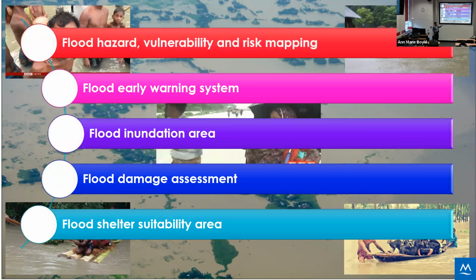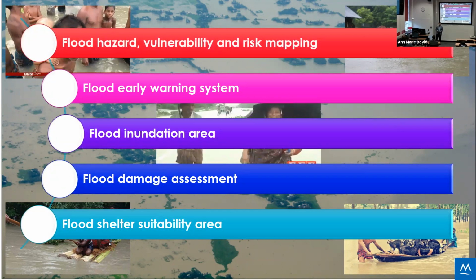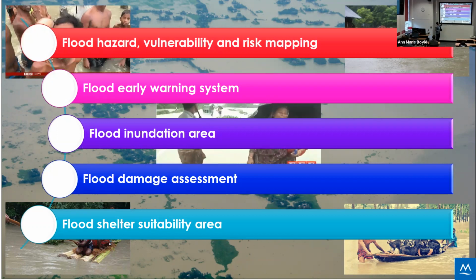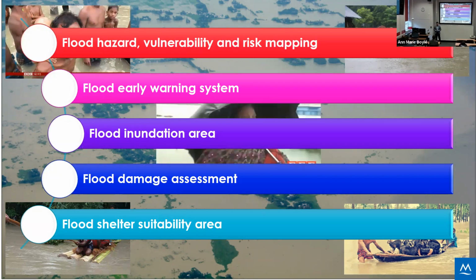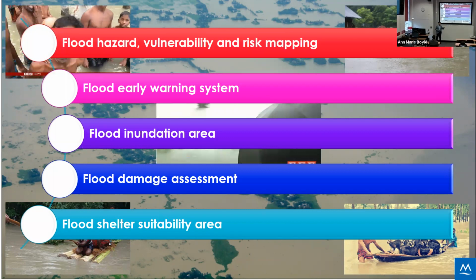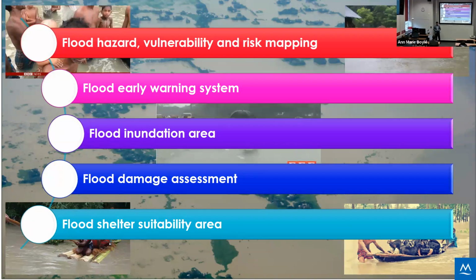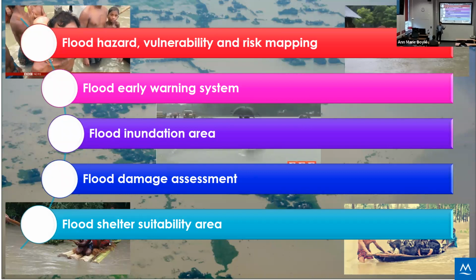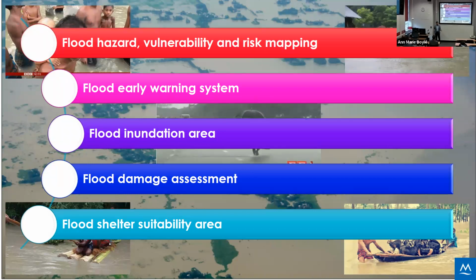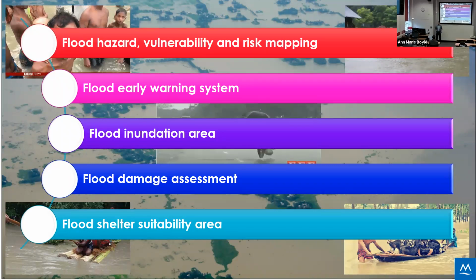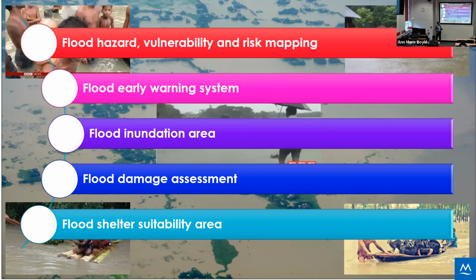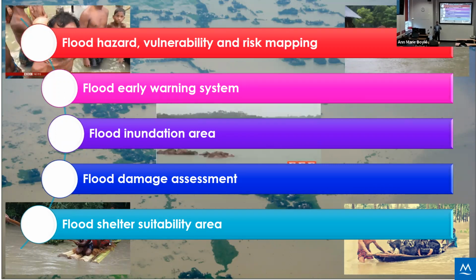Considering this type of information, there are lots of good examples others are showing, like the fabrics mapping. That is before the flood: if we know this is the flood area, we have to consider it, so it is very useful for our land use planning.